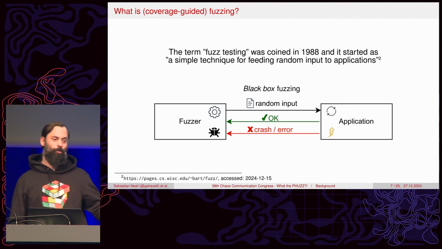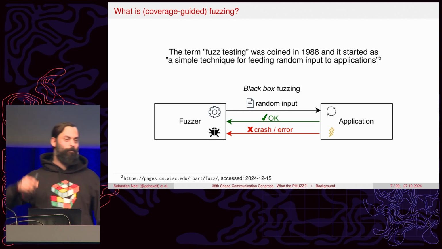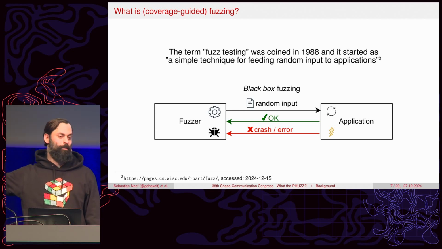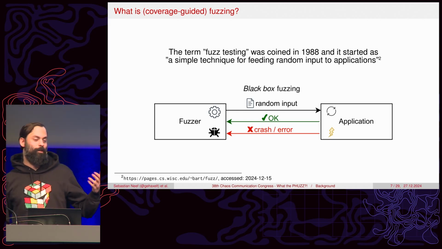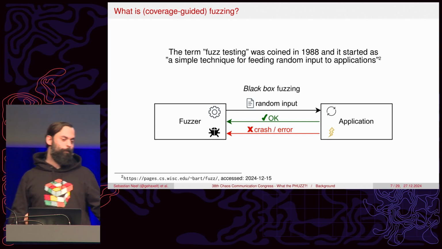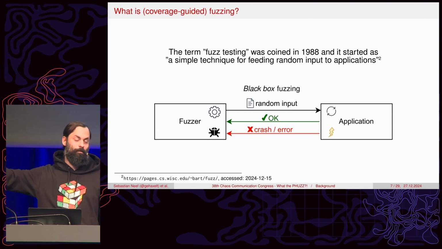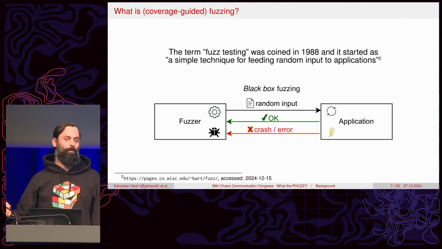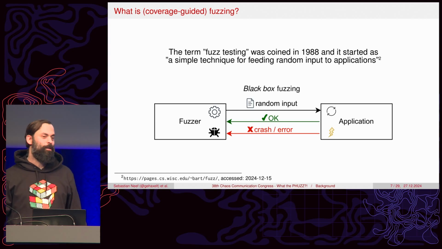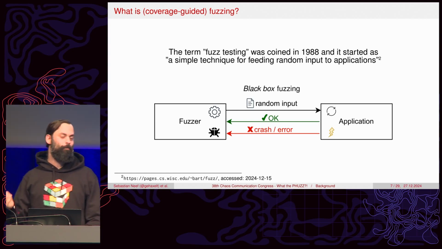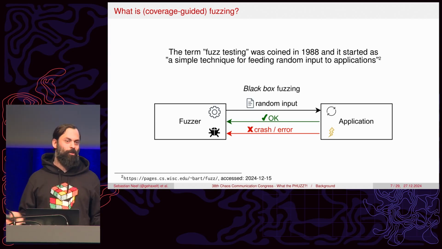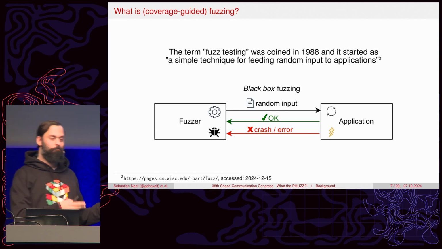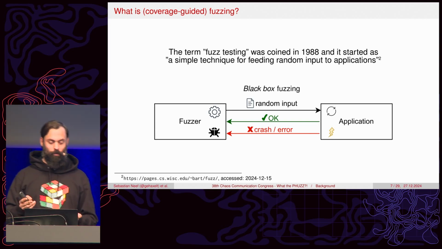We have a fuzzing program on the left side, and we have an application that we want to fuzz on the right side. So the fuzzer generates some random input and sends it to the application. The application then processes this input, and there are two possible outcomes. The first one is that the application properly handles the input and nothing special happens, so it's okay with the input.